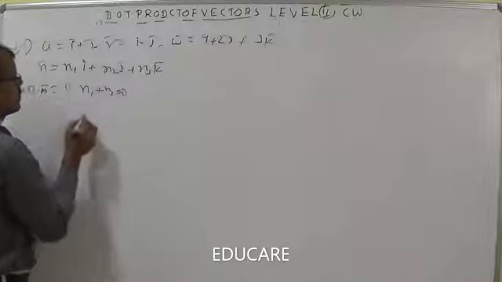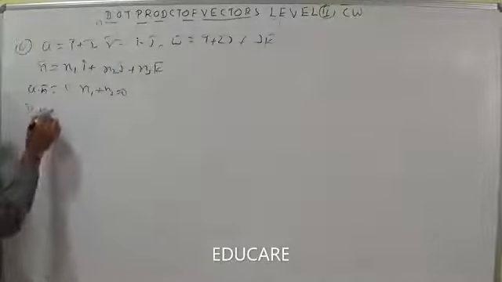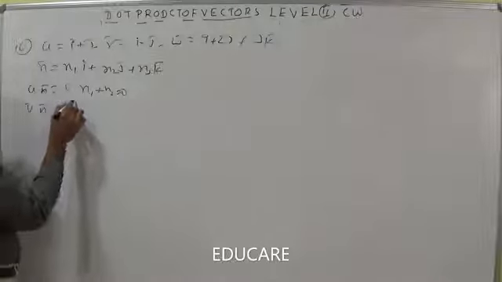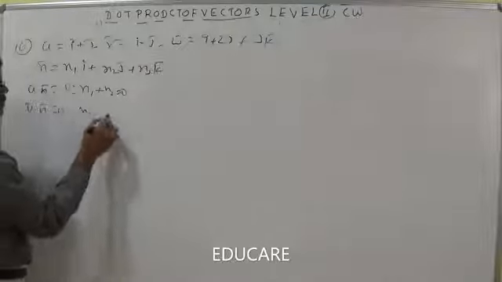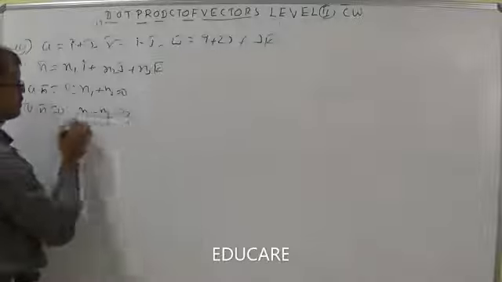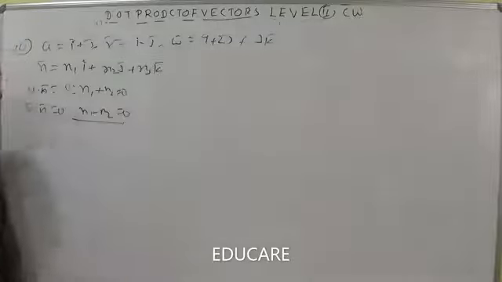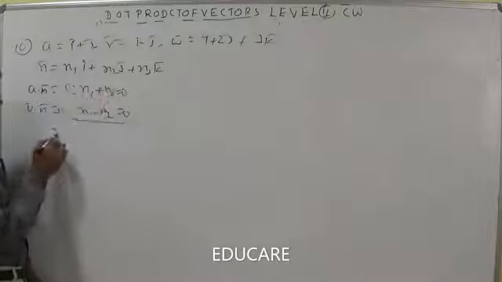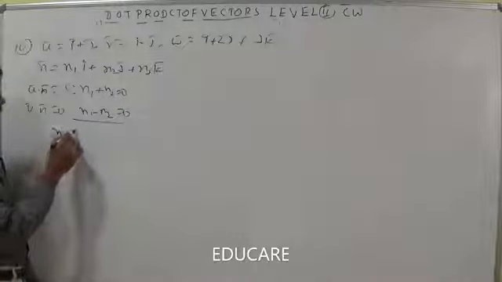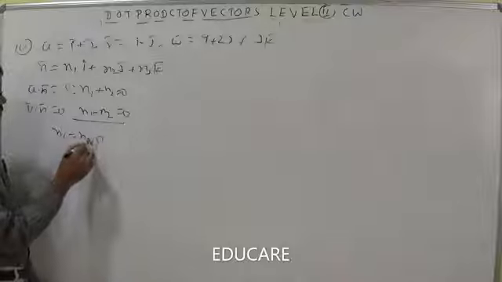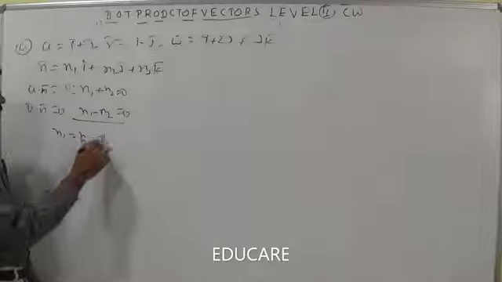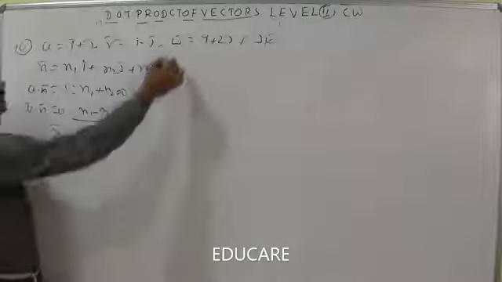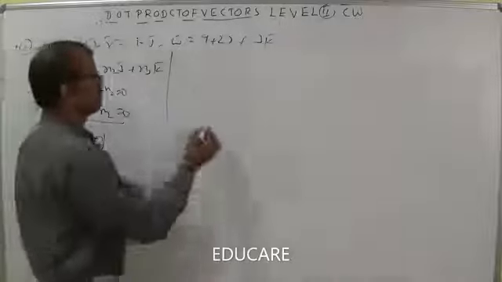Next, V bar dot n equal to 0 means n1 minus n2 equal to 0. If we add these, 2n1 equal to 0. Again if you substitute the value in n1 plus n2, then n2 also equals 0. So n1 equal to 0, n2 equal to 0, both are zeros. No need to calculate further about n1 and n2.